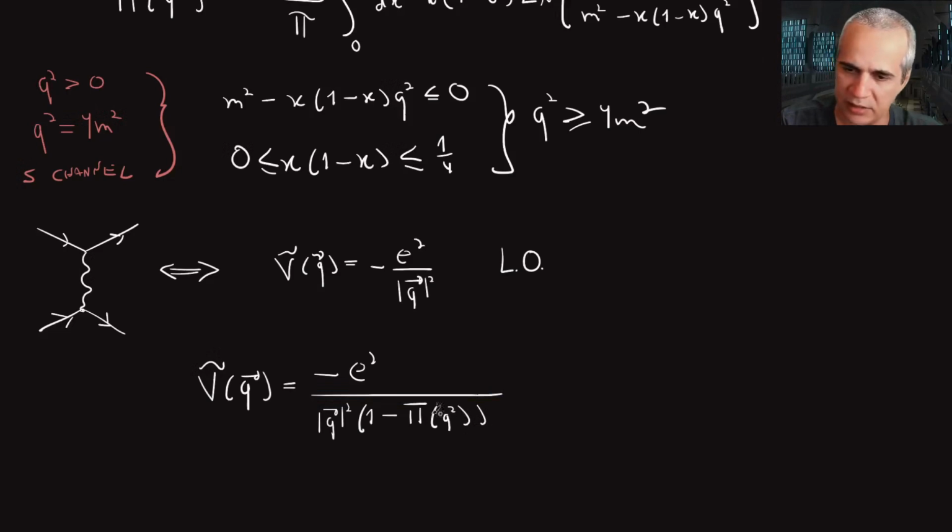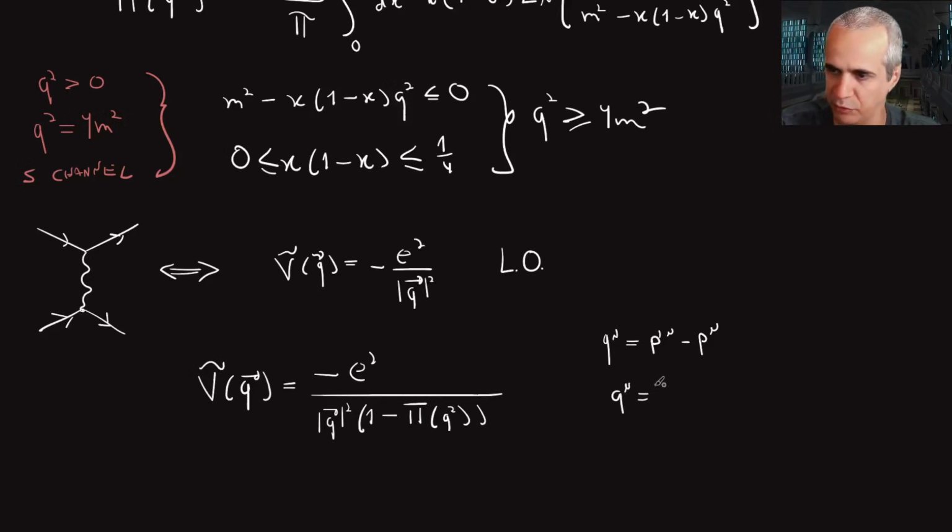Since I'm thinking of the T and U channels, this Q mu is given by, let's call P prime and P the two momenta for the incoming particles, and these can be written in the non-relativistic limit in this way.